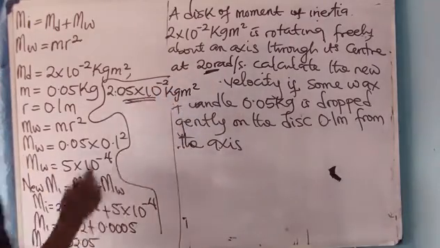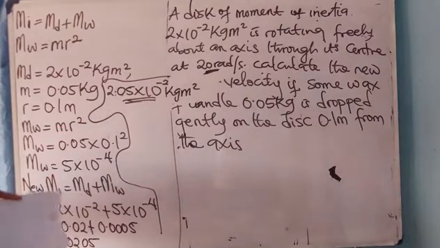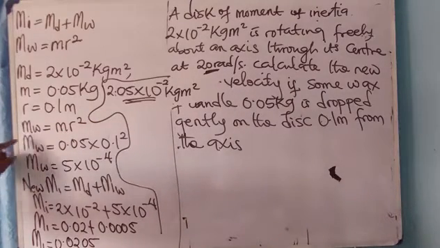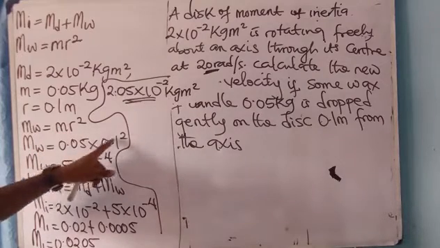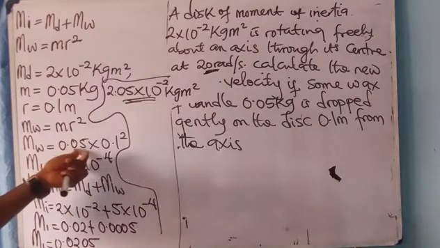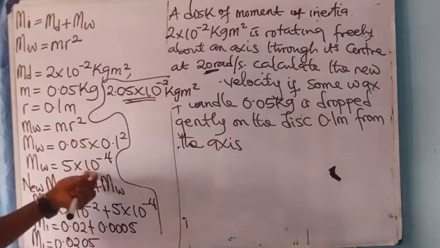All right, so the answer is 2.05. So just follow it step by step. You have mass of wax, because of this formula, square it, you have 0.05 times 0.01, you get this.